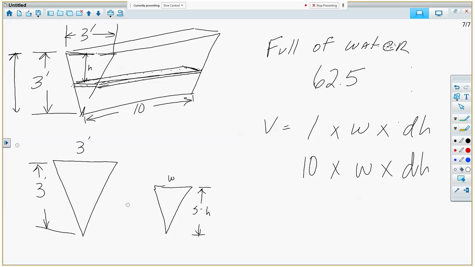The 3 minus h works its way in there. 1, because it's a different problem totally. And 2, there's the 3 minus h with the height right there of your slice.